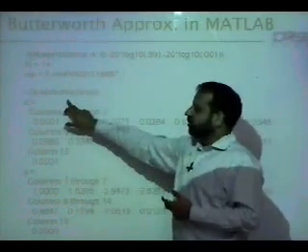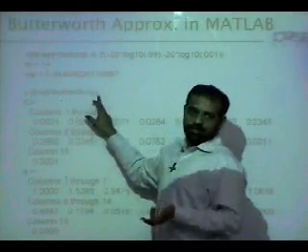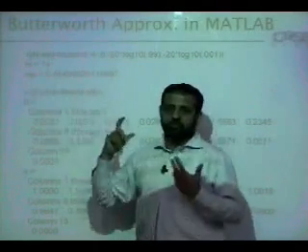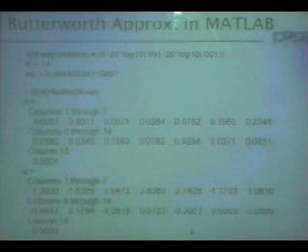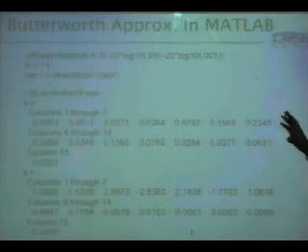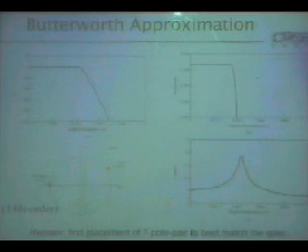For a Butterworth filter, you specify butter, n and omega c. Given these two, it will give you the Butterworth filter's B's and A's. Similarly, you can have other IIR filters in MATLAB, Butterworth, Chebyshev and all that.